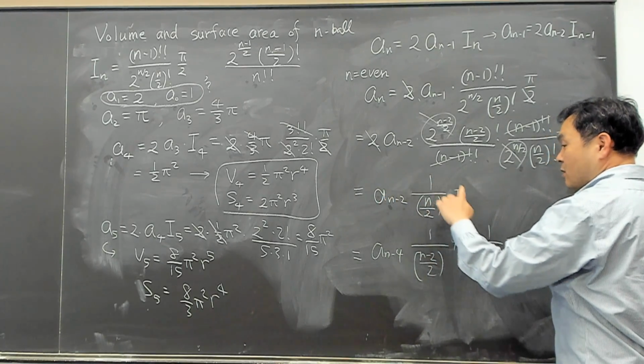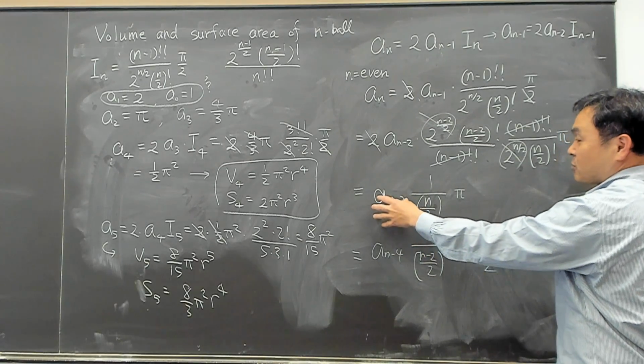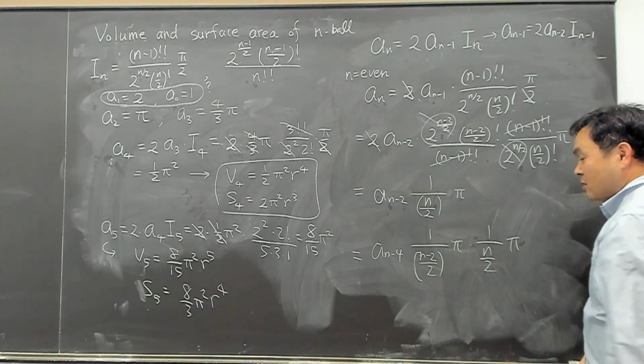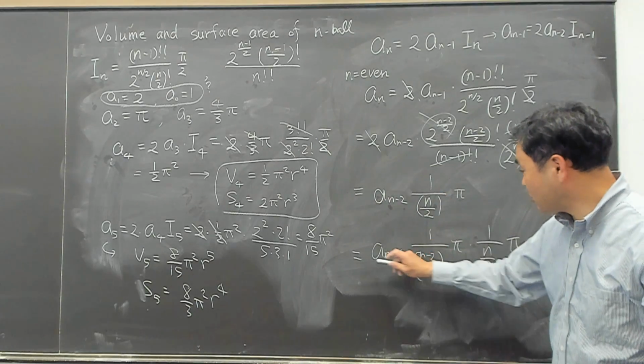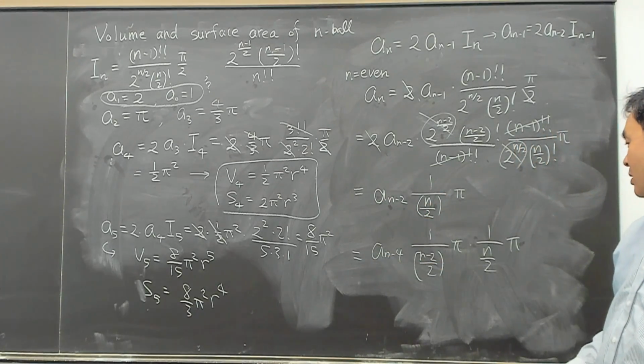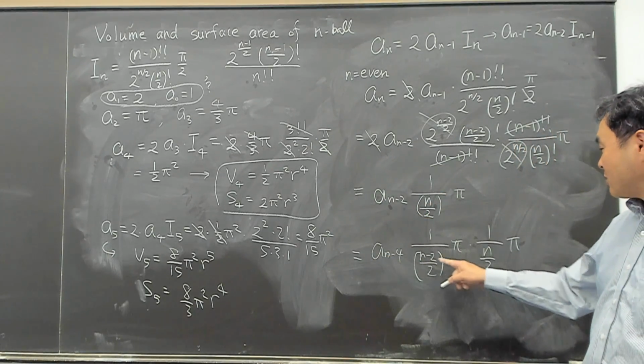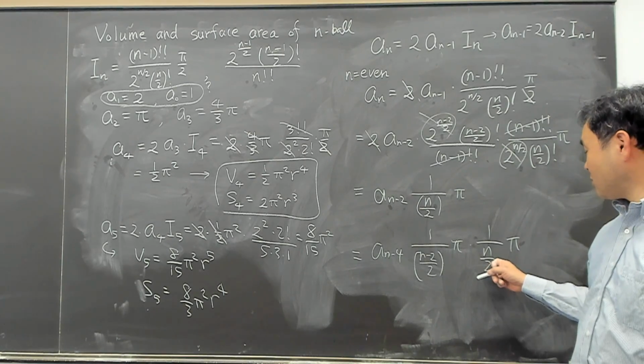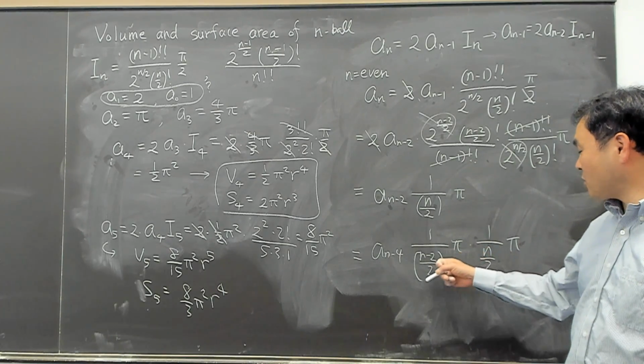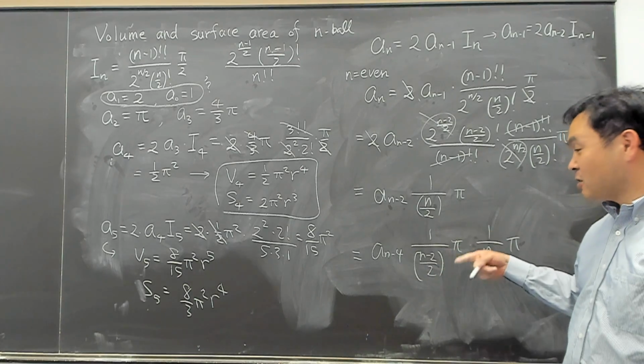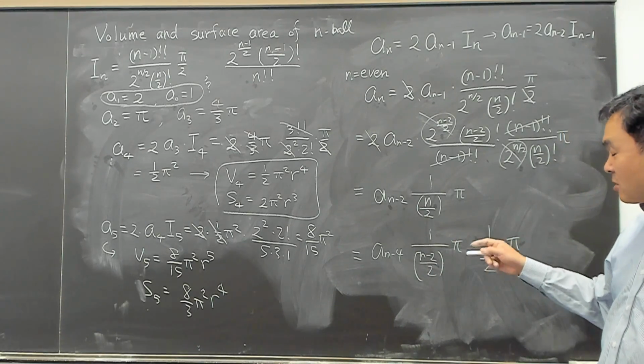So you get an identity for a n minus 2, and that tells you that a n minus 2 is this much. And you get one less than the previous one. So you see that you get this one and then one less, and then you keep going, one less and one less until you reach 1.